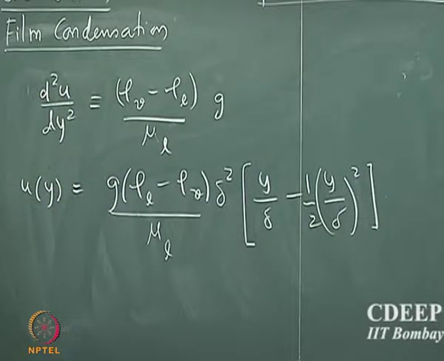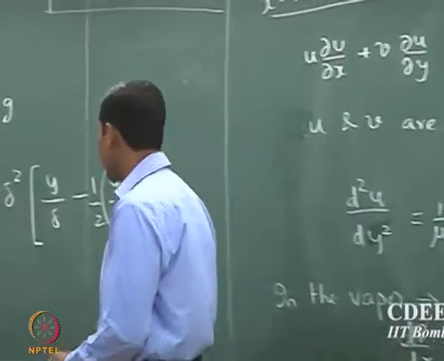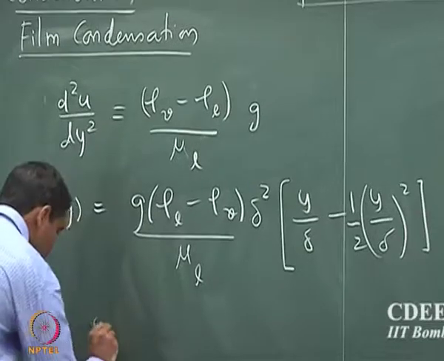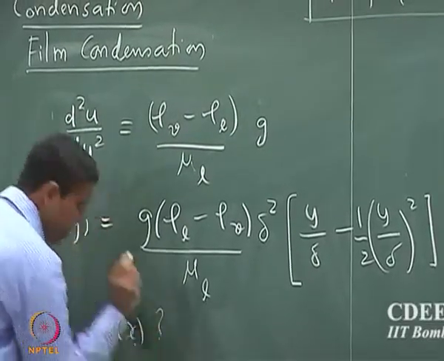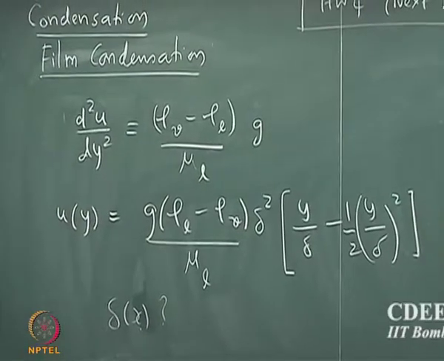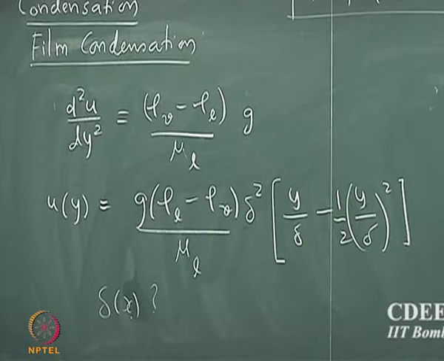Really, the exercise here is to find out what the boundary layer thickness is, at any location. Until we find it, the problem is not complete. We cannot find the velocity profile, and the same issue will continue when you write a temperature balance. So, how do we find this?